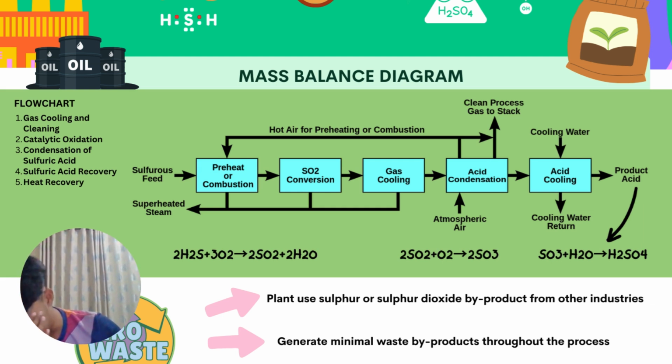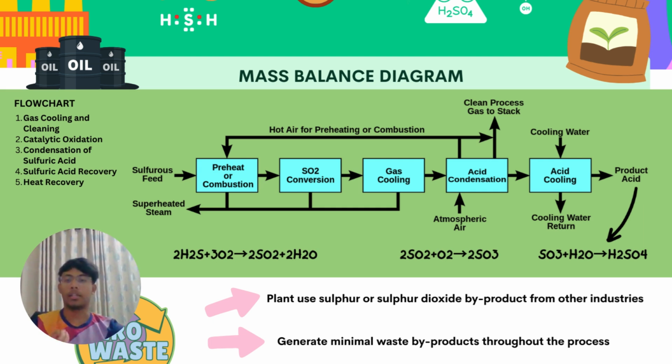So, these are the key steps in the wet sulfuric acid process. The first one is gas cooling and cleaning. In this process, the sulfur containing gas is cooled and cleaned to remove particles and other contaminants. This is done typically by using scrubbers and filters to make sure the gas is suitable for further processing.